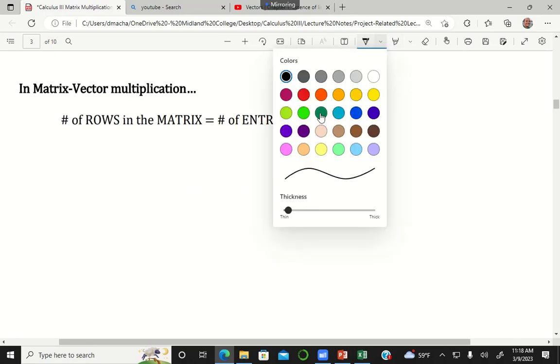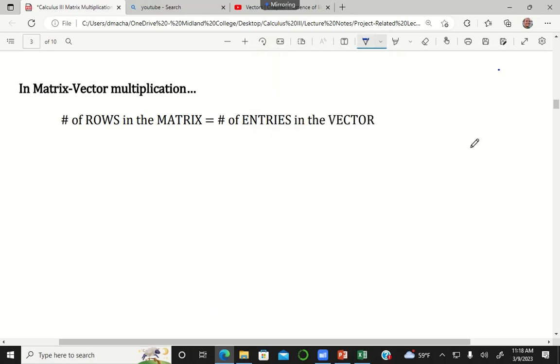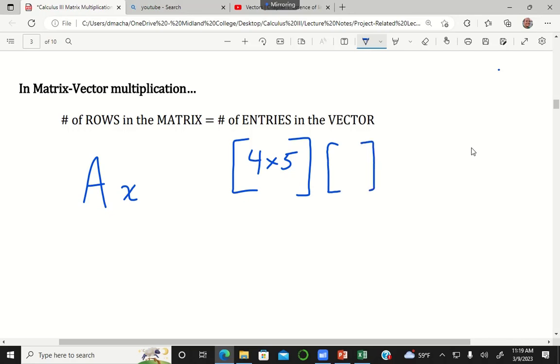And so, since that's the definition, whenever I have matrix vector multiplication, like a matrix A times some vector X, then the number of rows in this matrix A has to be equal to the number of entries in my vector. So like if A is a 4 by 5 matrix, and I want to multiply times a vector, that means this vector has to be size 5.